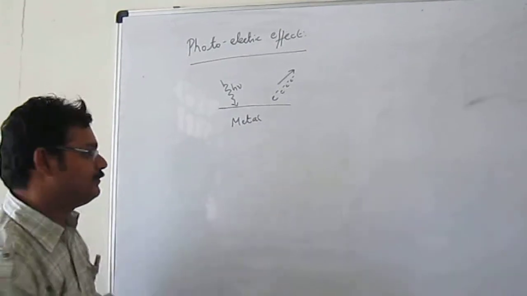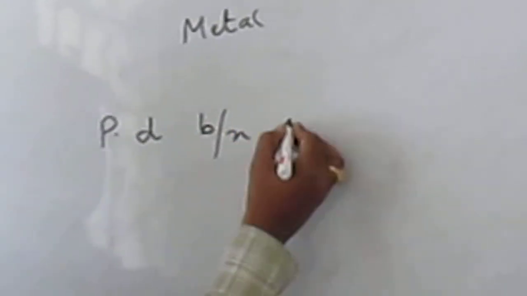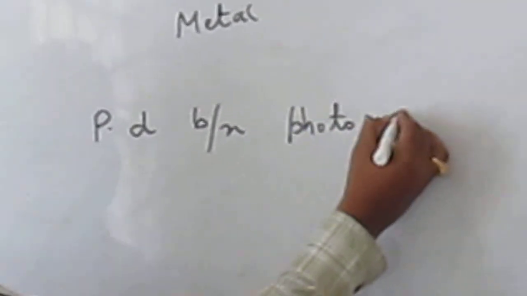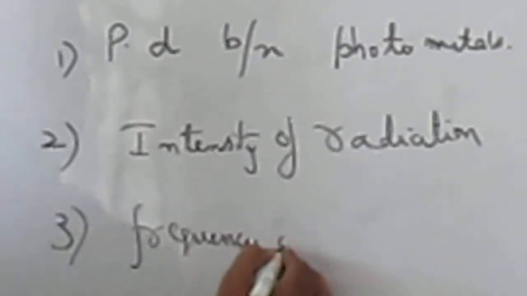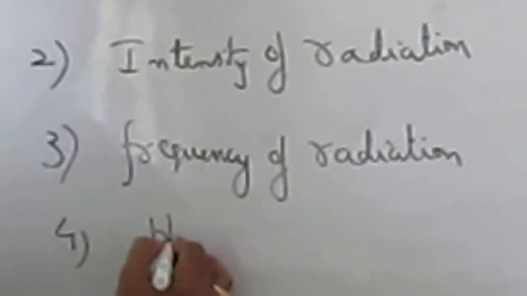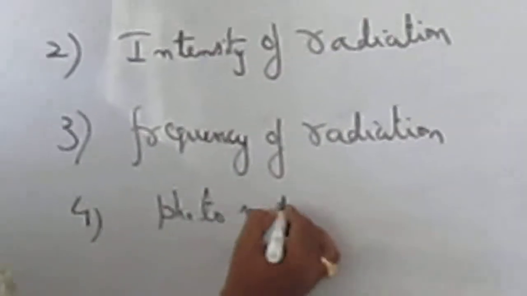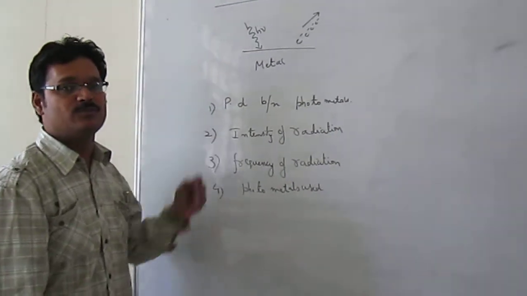The first factor is the potential difference between the photometals, the second factor is the intensity of radiation, the third factor is the frequency of radiation, and the fourth one is the photometals used. So these are the four factors influencing the photocurrent.